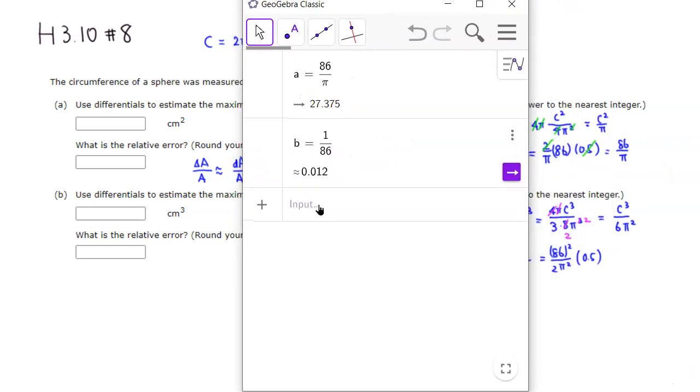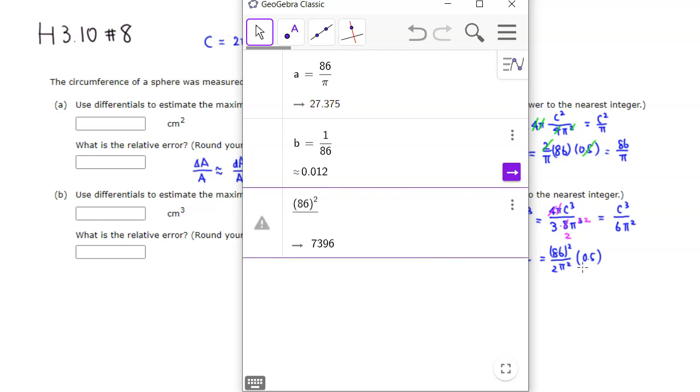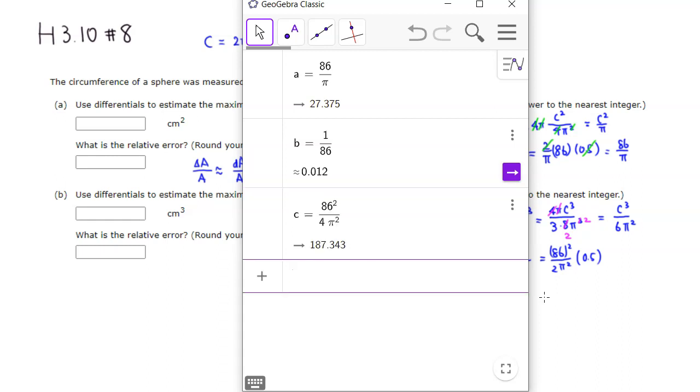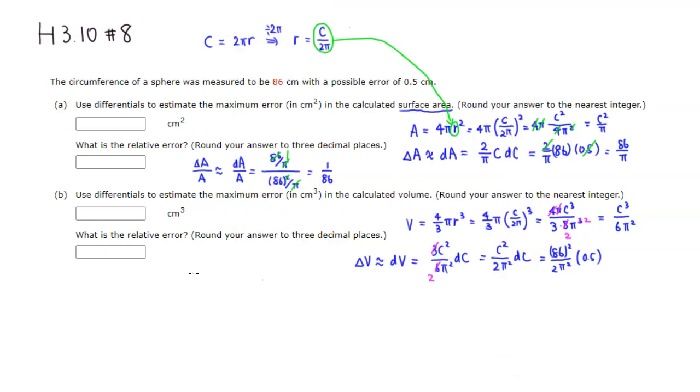So we want to compute 86 squared, and then multiply by 0.5, which is divide by 2, so there's another 2. So I'm going to go ahead and divide by 4, and then pi squared, right? So we have that. All right, then let's see, nearest integer, so 187.